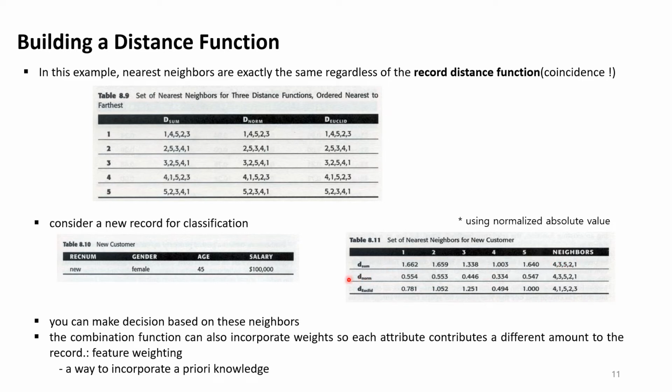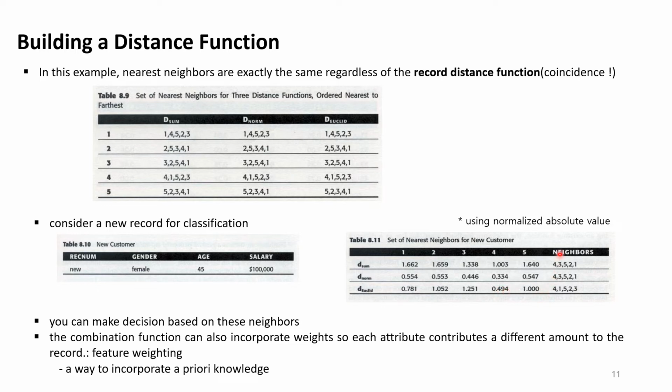In a similar way, if you compute the distance between this and each of these by using dnorm, normalized Manhattan, these are the distances. By looking at these numbers, the neighbors are 4, 3, 5, 2, 1. And finally, if you use Euclidean distance and compute the distance between this and each of these, these are the results.